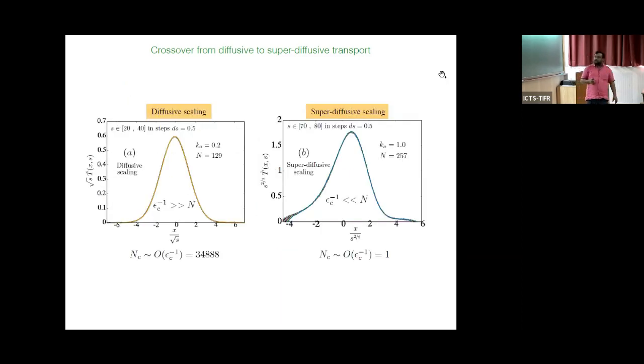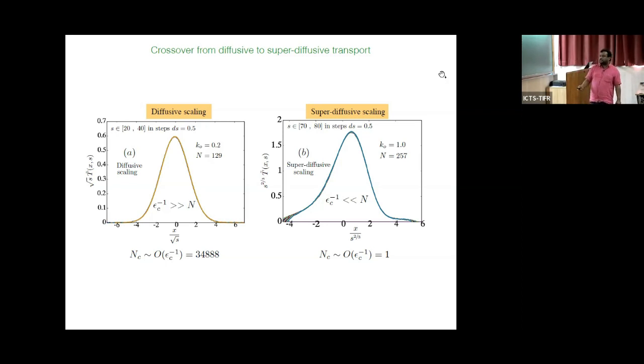This is what we tried to see in the simulation, but it is difficult to see it in one system with a single parameter set, such that you have a certain crossover length scale and you go from below to above. So what we do is consider two sets of parameters, such that in one case the crossover length scale is very large, and in the other it is very small. So in the first system that we studied in simulation, you see a diffusive scaling: you have an initially highly peaked temperature profile, and then it spreads diffusively.